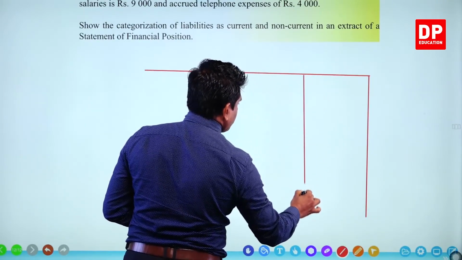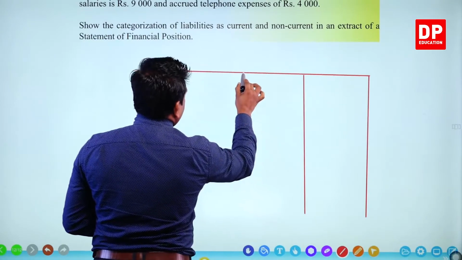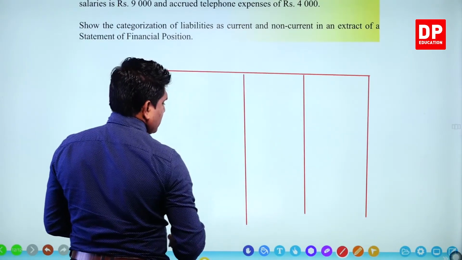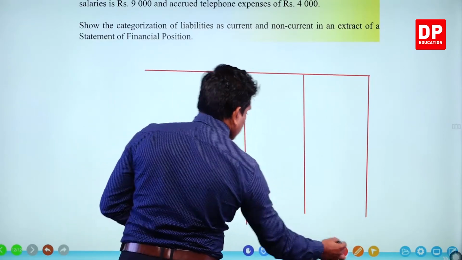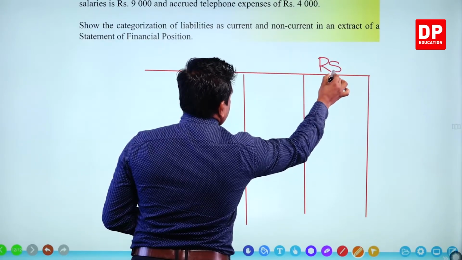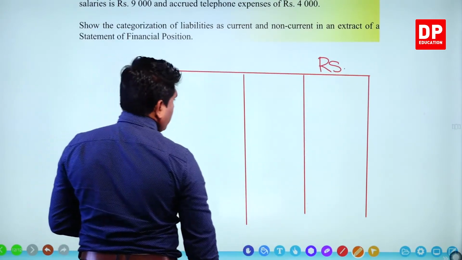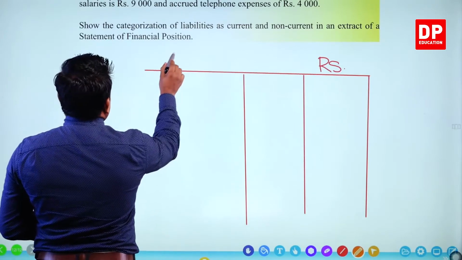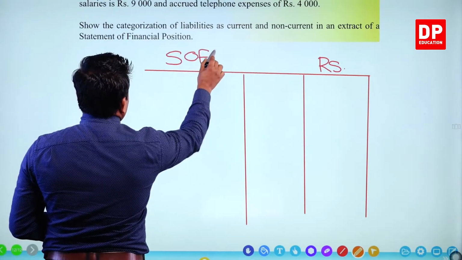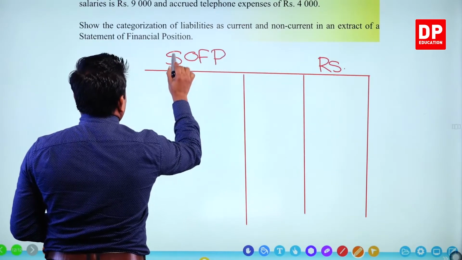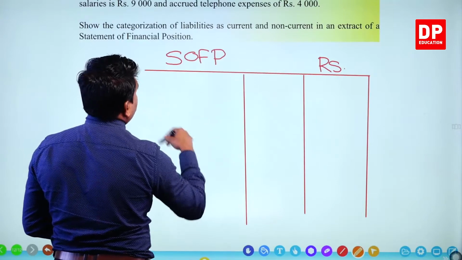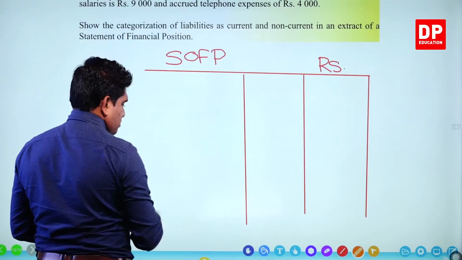In the one column I put the values one by one. Total we bring to the second column, right? Here, on the top you write rupees. Statement of financial position, SOFP, right?